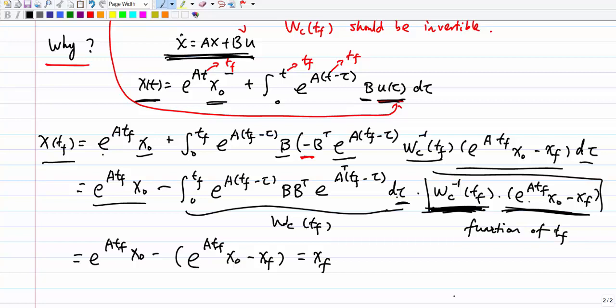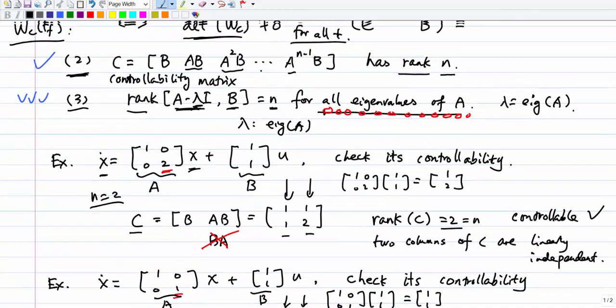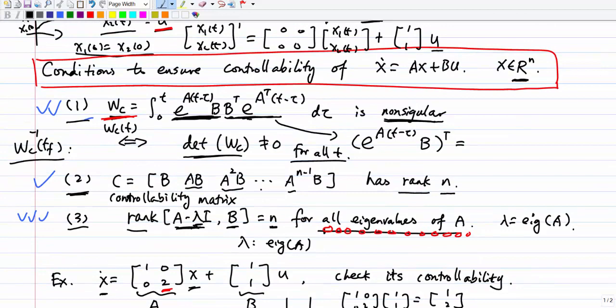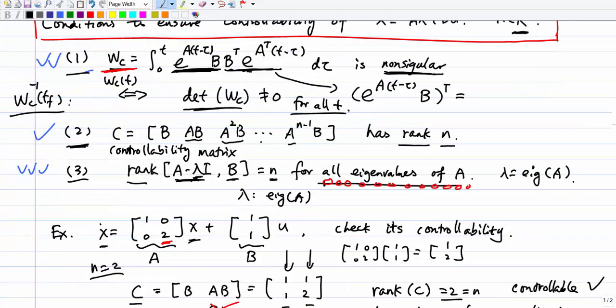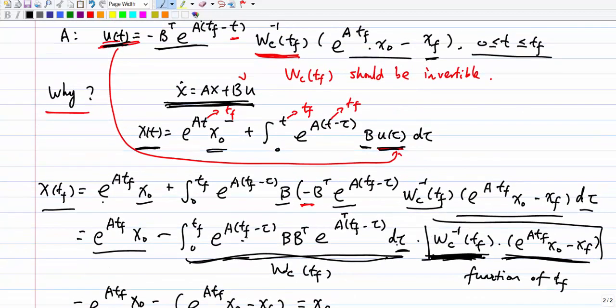Okay. Now by looking at the front part over here, if you compare this one with the definition of Wc, Wc is this guy, e^(A(t - tau)) B B^T e^(A^T (t - tau)). So it's pretty much the same. The only difference is this one becomes tf, this one becomes tf, and also this tf.